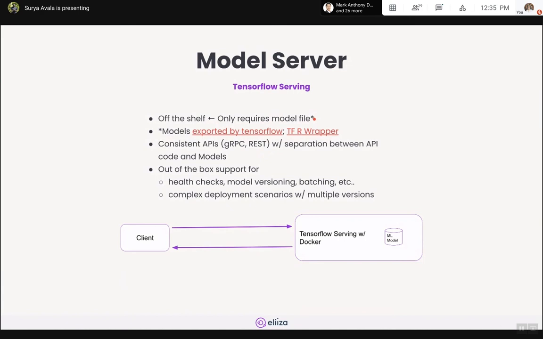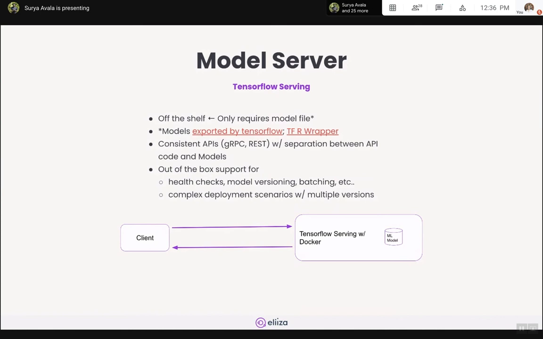But there's a caveat here: the out-of-the-box support is only for models exported by TensorFlow. The reason being, when we are serializing a model by, say, saveRDS, we are only serializing the model file, but not the computational graph.